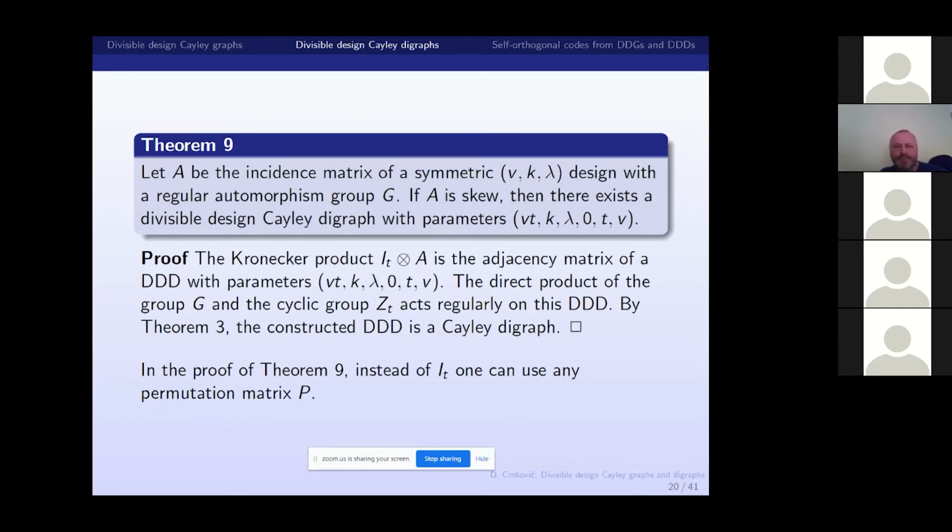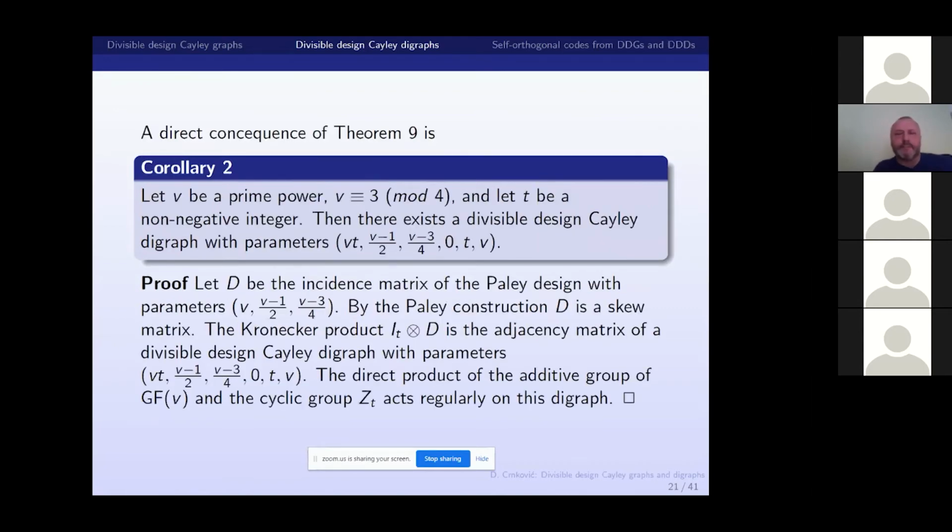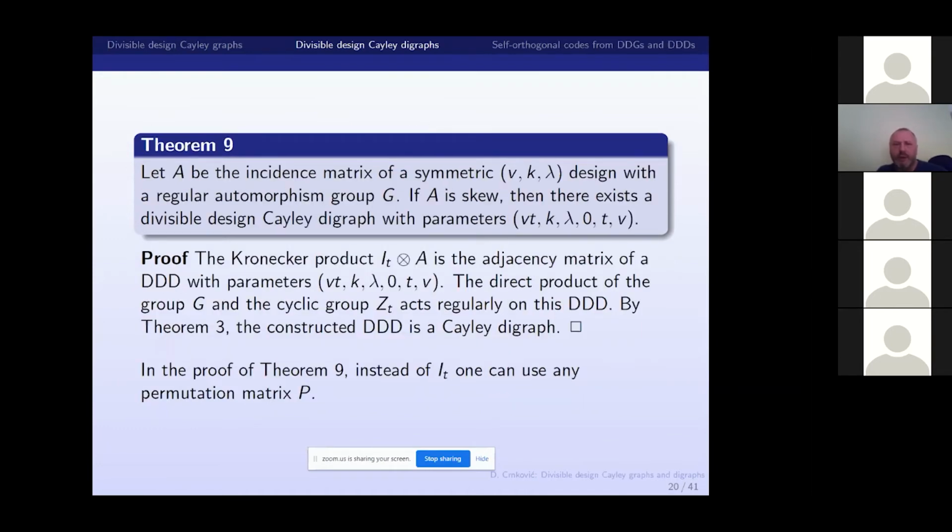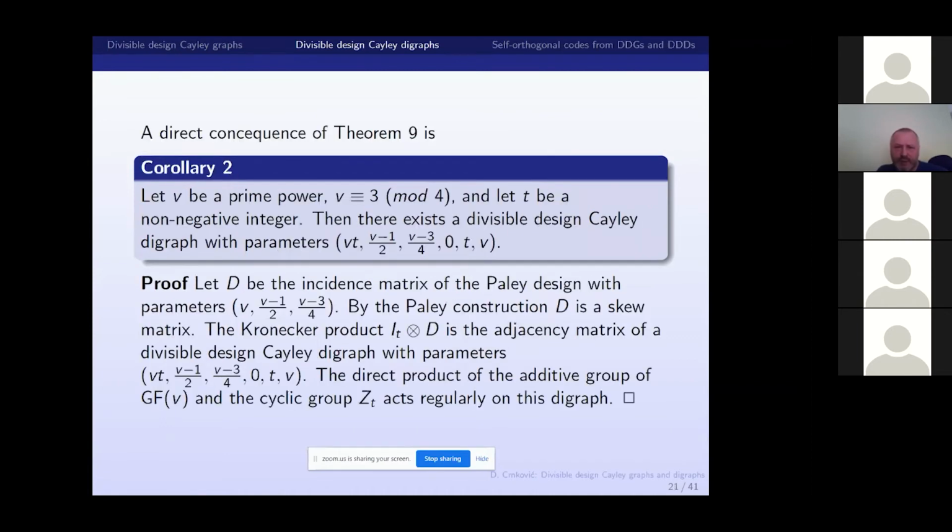And again, in this proof of theorem 9, instead of this identity matrix, we can use any permutation matrix P, and we will also get a Cayley DDD. So a direct consequence of theorem 9. In this theorem, what we need is just a symmetric design with a skew incidence matrix.